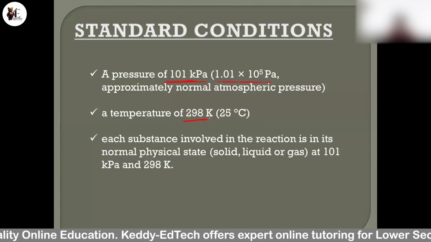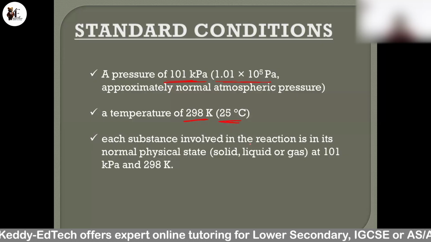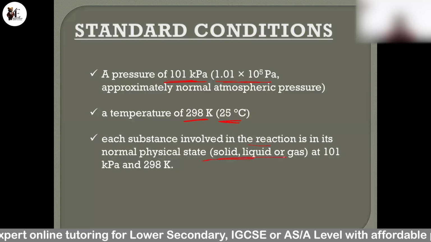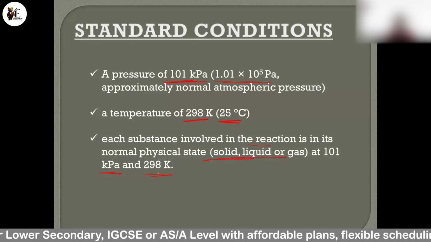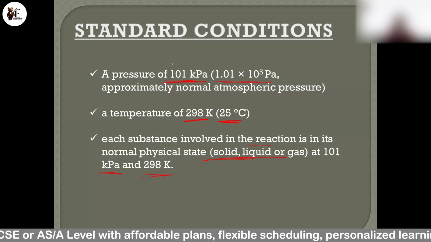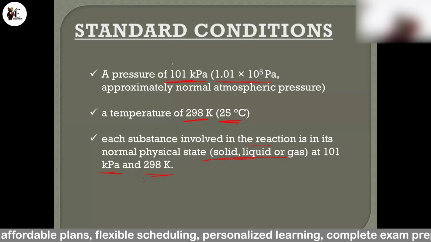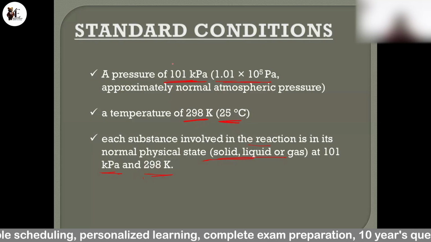Temperature should be 298 Kelvin or 25 degrees Celsius, and each substance involved in the reaction should be in its normal physical state, solid, liquid or gas, at 101 kilopascal and 298 Kelvin. Write down the standard conditions. That means at these conditions we are measuring our enthalpy.